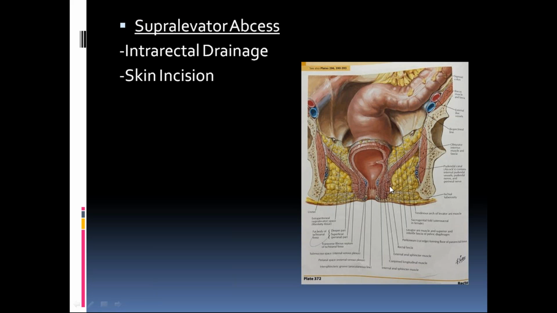So these are the two ways of drainage of a supralevator abscess: either by skin incision of the ischiorectal region, or by poking the swelling with a wide bore needle and draining the pus through the rectum and anal canal.